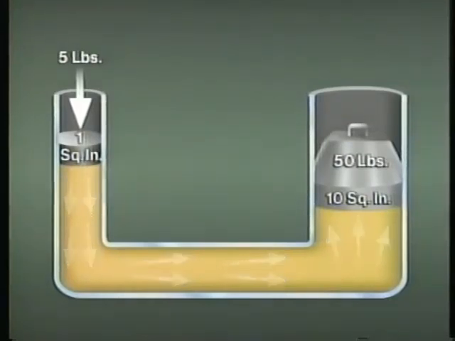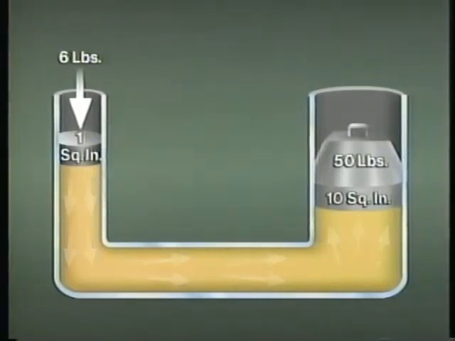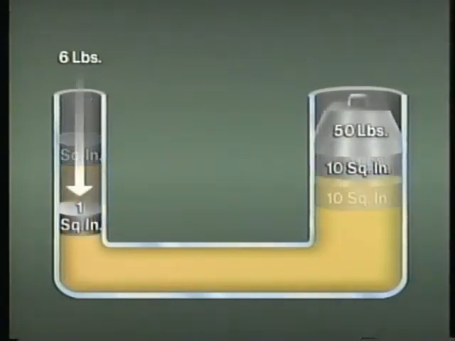To overcome the force on the larger piston and cause it to move, a greater force has to be applied to the smaller piston. So, let's apply 6 pounds of force. The added force on the smaller piston increases the pressure of the fluid great enough to overcome the force on the larger piston. This causes the fluid to flow into the other container, pushing the piston upward.